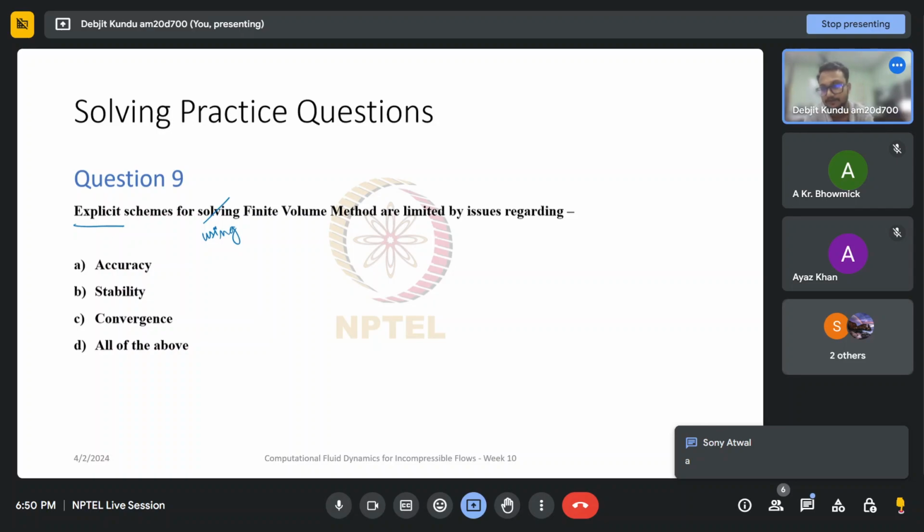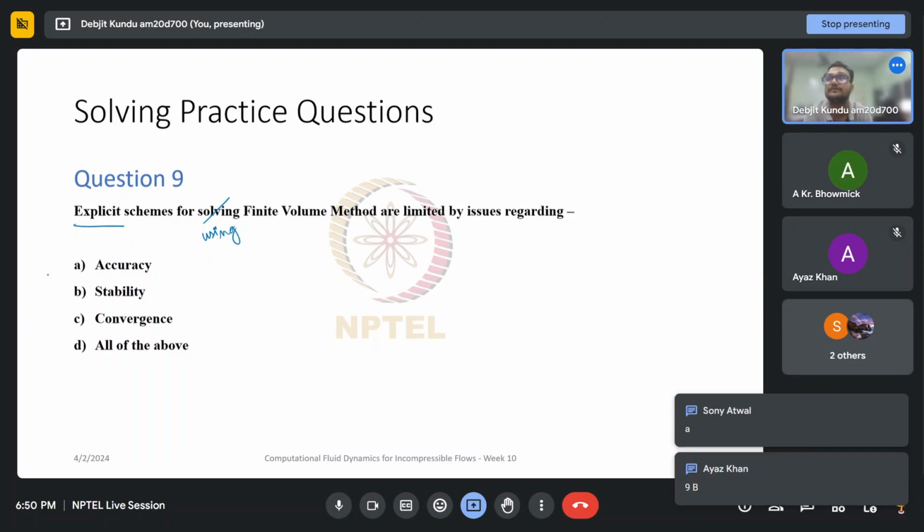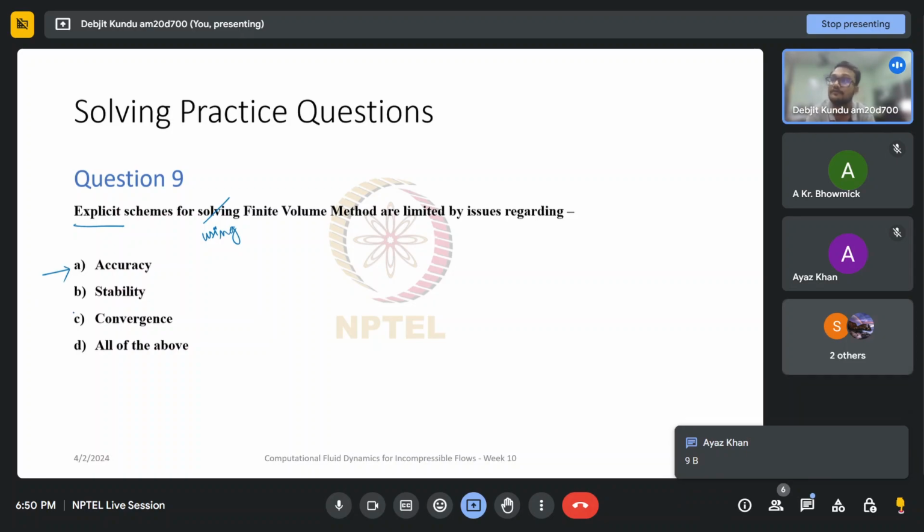Okay, so one response in favor of option A, one in favor of option B. Option C, anyone? Option B again. Any other responses? Option B again.